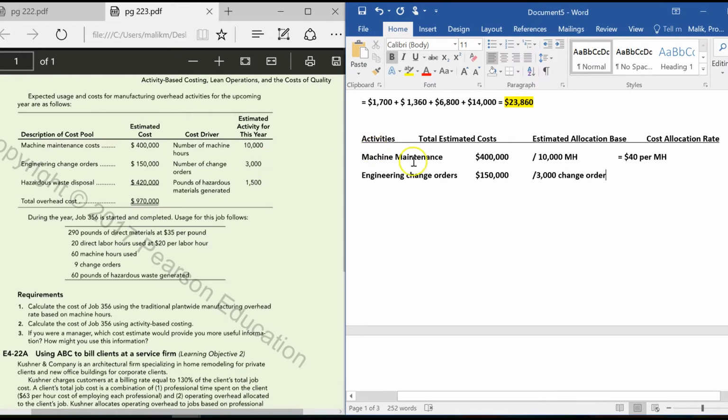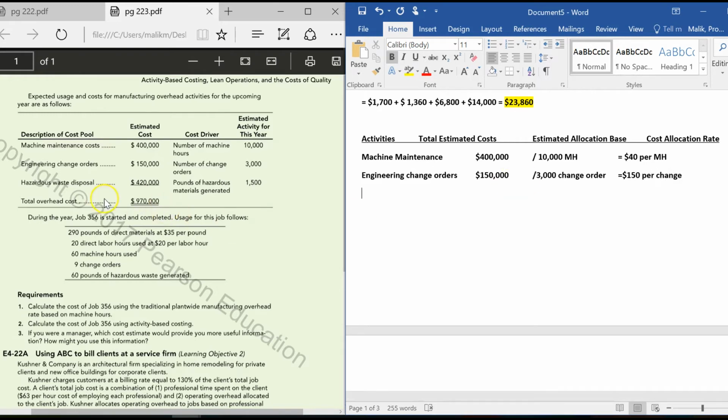So if we divide this $150,000 by 3,000, it gives us the cost for every change order, which is $50. 150,000 divided by 3,000 gives $50. So the cost will be $50 per change order.